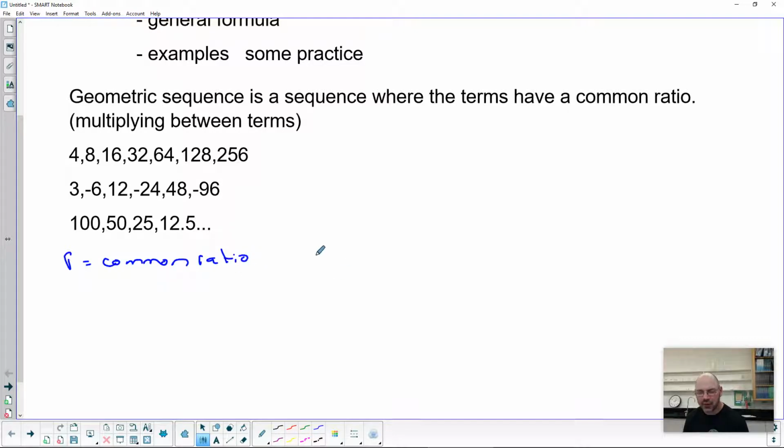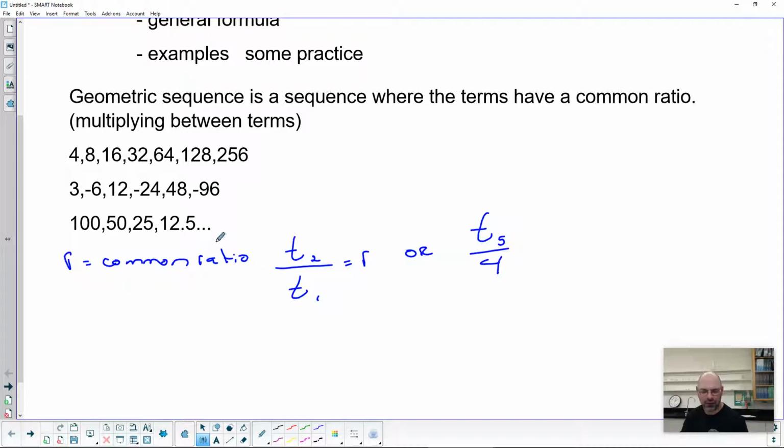The way that you get the common ratio is you take T2 and divide by T1, or T3 divided by T2. So two consecutive terms in a row, where T2 divided by T1 equals r. It could be anything, like T5 over T4.